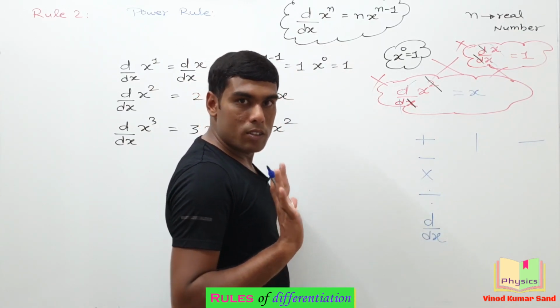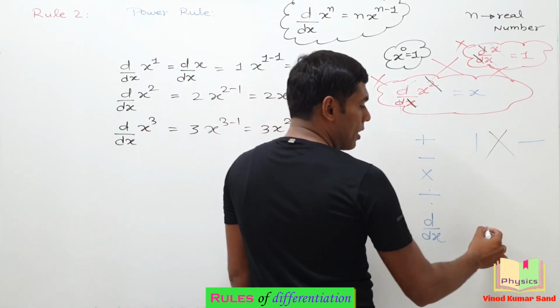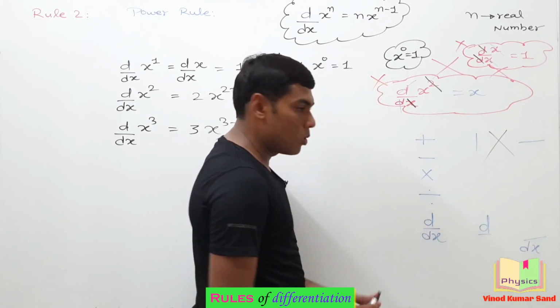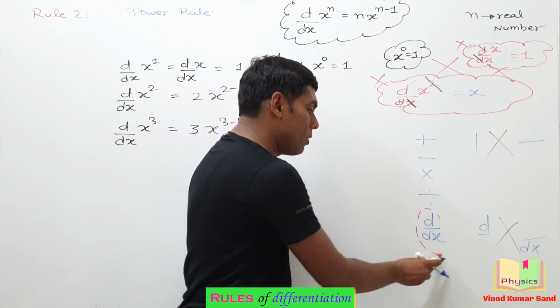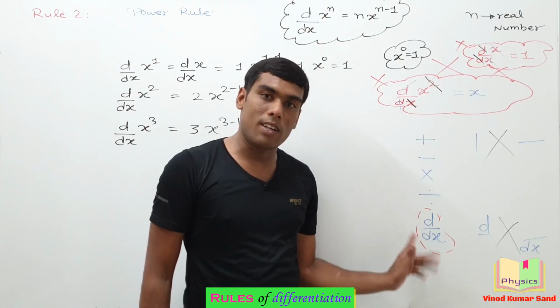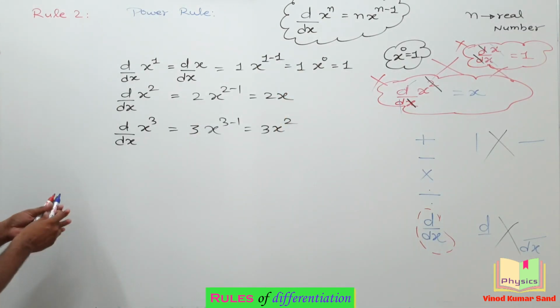Can you do that? No, it's not feasible, it's wrong. Similarly, can you write d by dx as like this, d here, dx there? No, you can never do that. It's a symbol. Wherever you will be using it, you will be using it like as written here. Getting my point? I'll take another example.